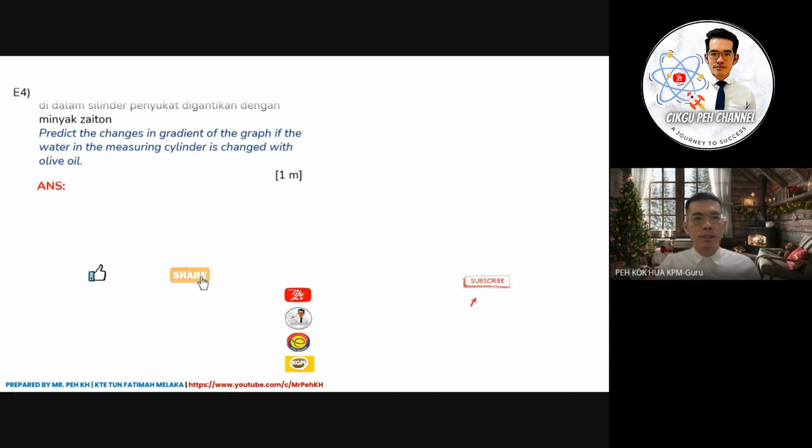Okay, then the next question, number 4, is a prediction question. Predict the changes in gradient of the graph if the water in the measuring cylinder is changed to olive oil. We know already the olive oil density is lower than water.